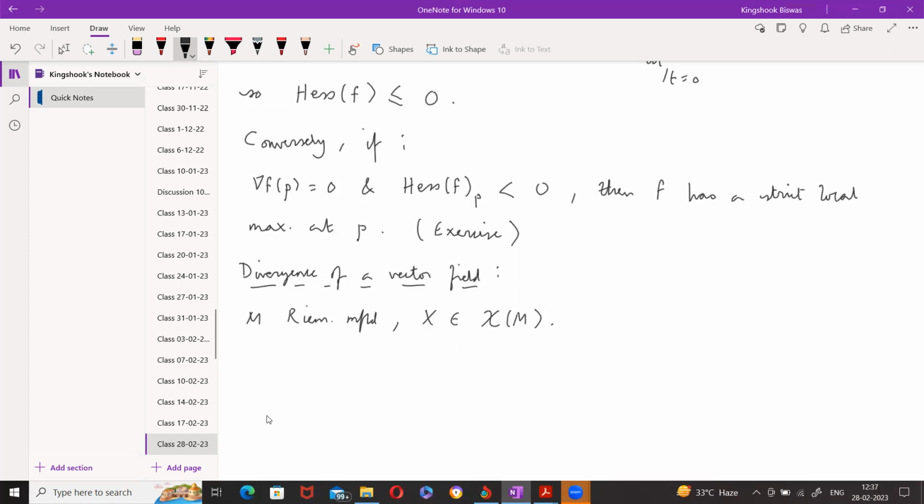So we have local volume forms, which I'll also write as dvol M. This is defined with respect to a local orientation.